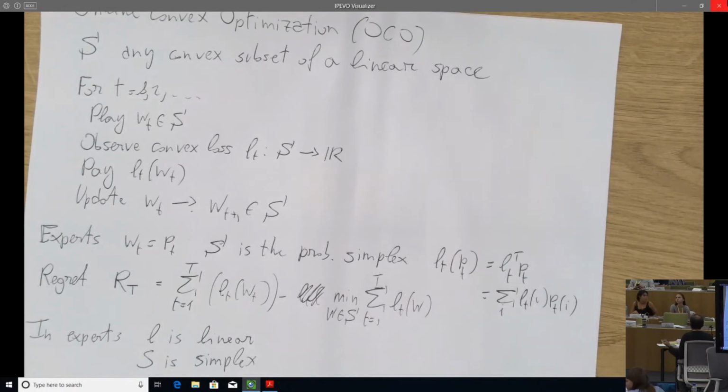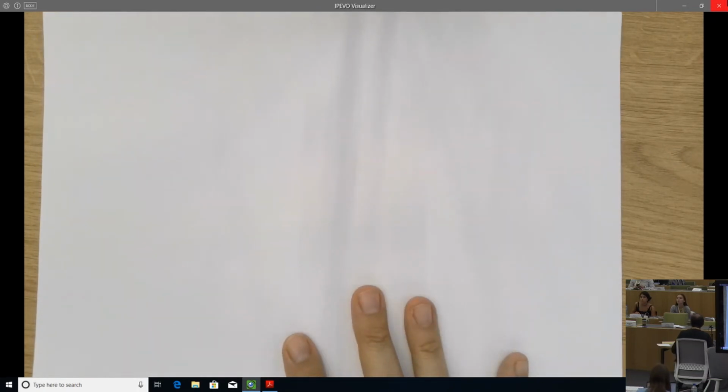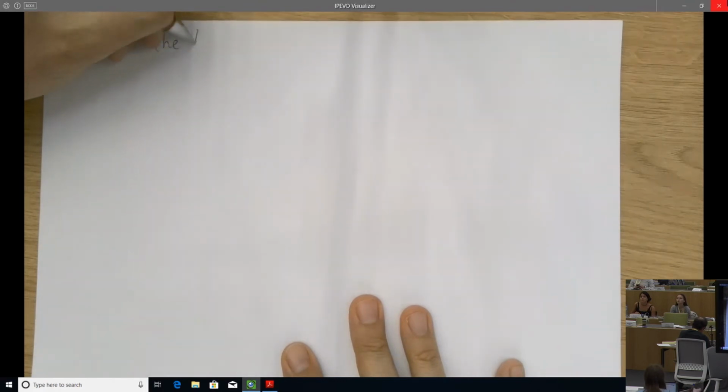Okay, so what kind of algorithms can I use here? Maybe I can use some of the ideas we already had for the experts case or for the bandits. The first idea is called follow the leader. I already mentioned this at the beginning of the first class.